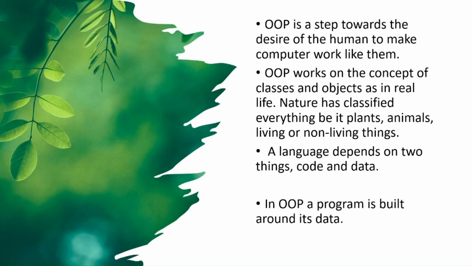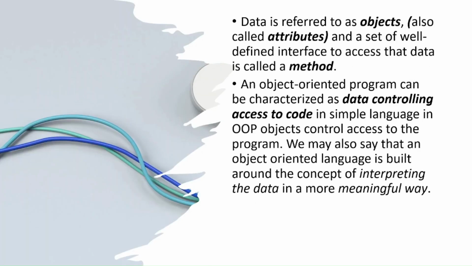Okay, so there are two things on which normally the program depends. That is the code, that is the syntax, and the data. But in object oriented, it is built around its data. So data is referred here as an object, which is also called an attribute, and a set of well-defined interfaces or the programs to do a particular job.